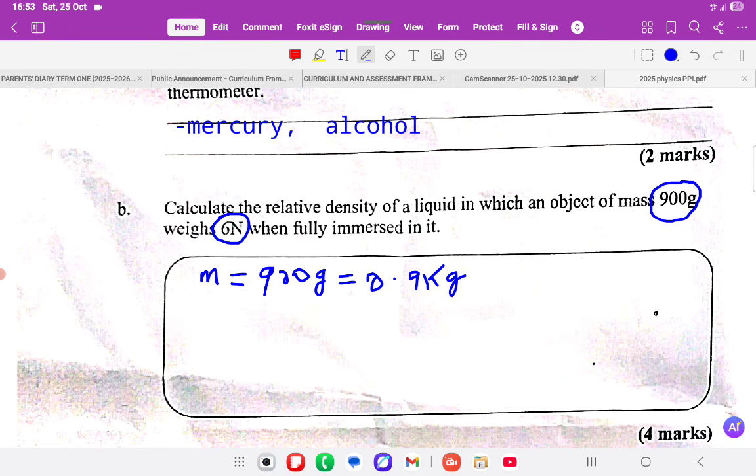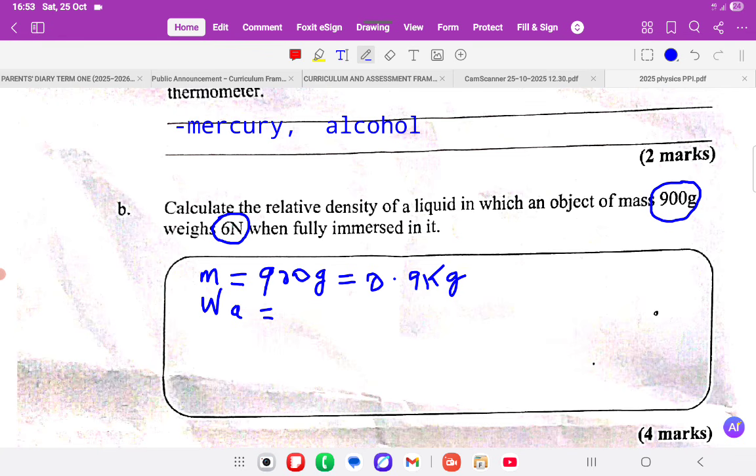All right. So when this body is weighed in air, the weight in air is going to be equal to 9 newtons.